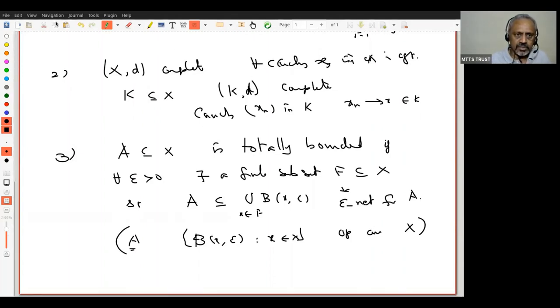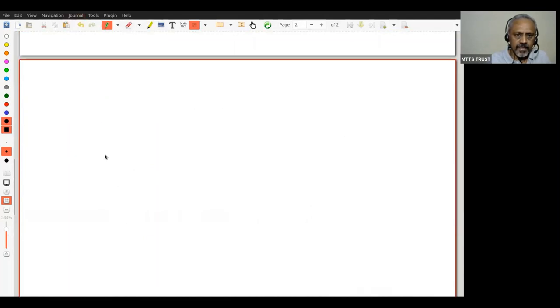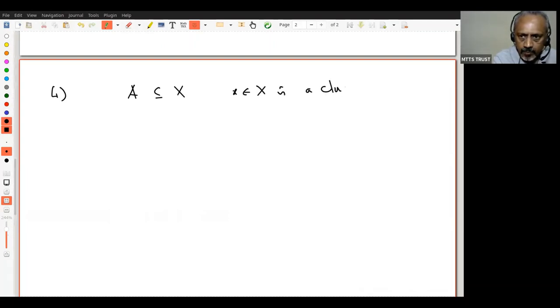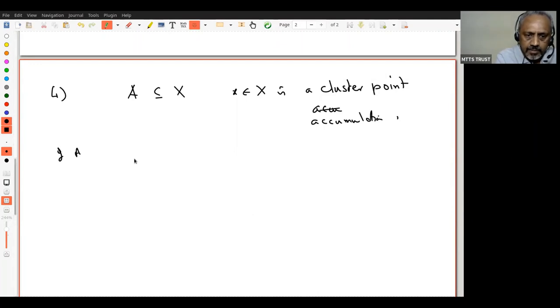Okay, the fourth concept is again in a metric space. Suppose A is a subset of X. I say a point x in X is a cluster point or an accumulation point of A if for every r positive, the deleted ball B'(x, r) intersection A is not empty.